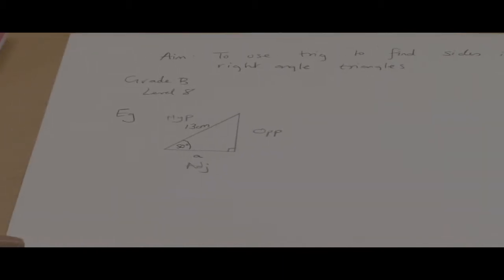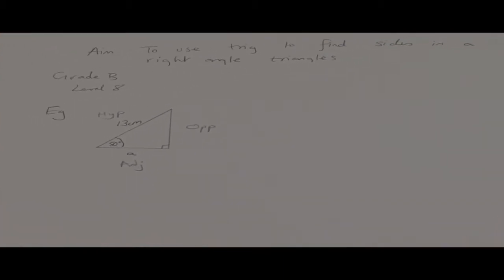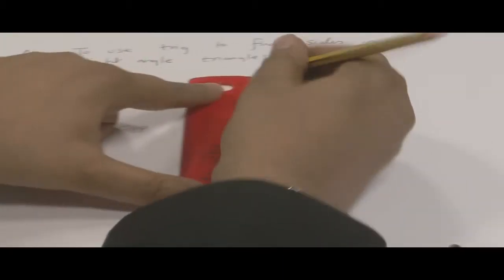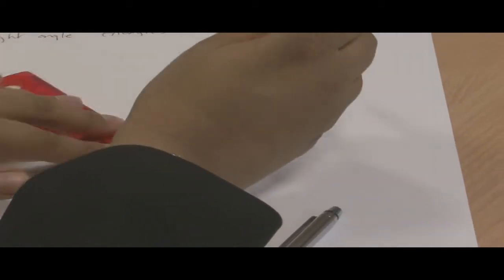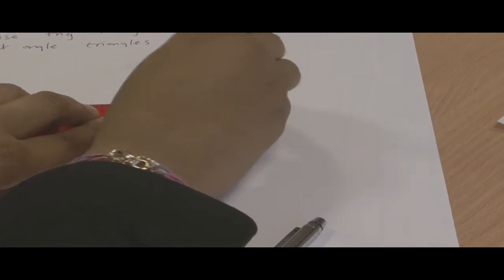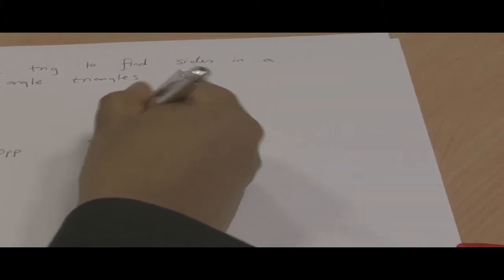Next step is we put all this information in a table. Let's draw ourselves a little mini table. The angle is 50 degrees.